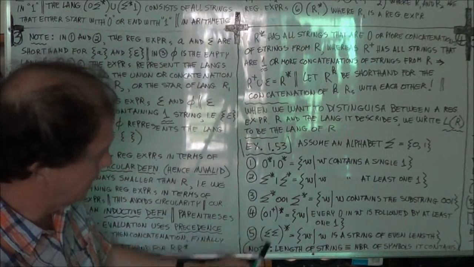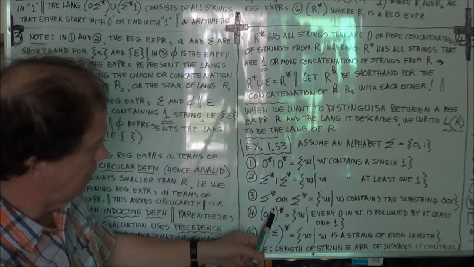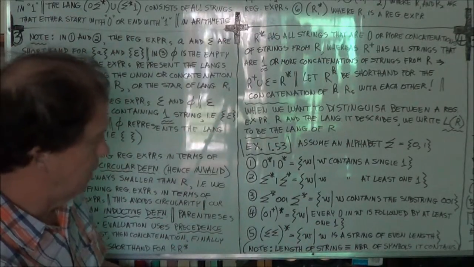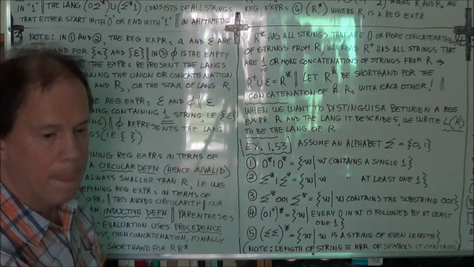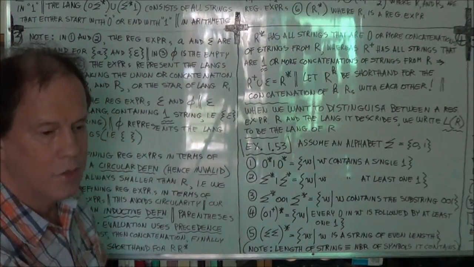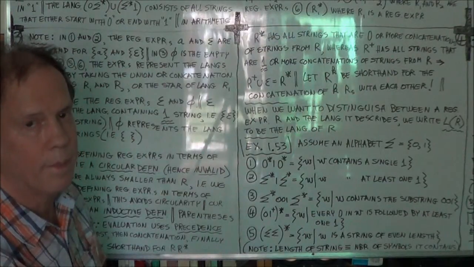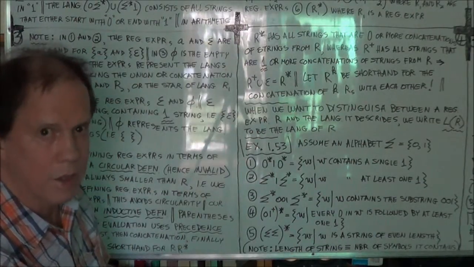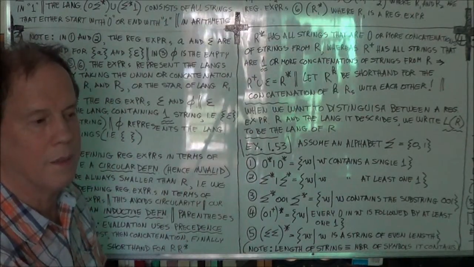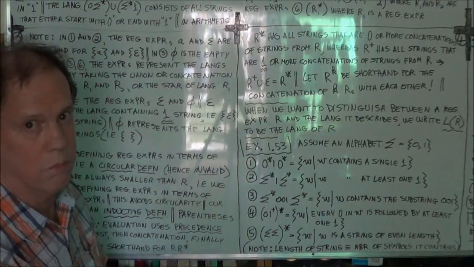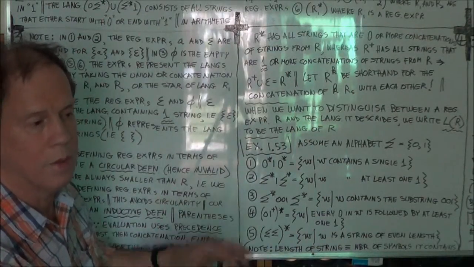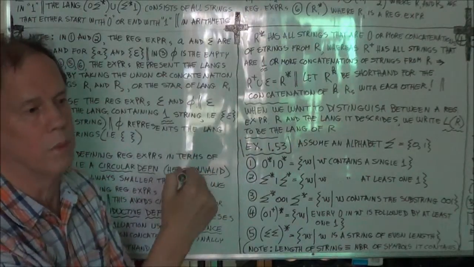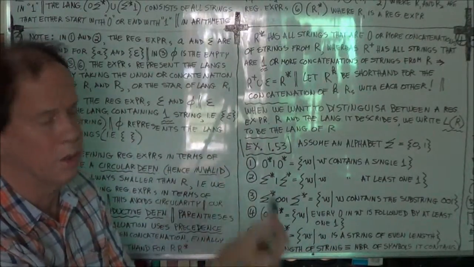Well, because 1 plus is all concatenated strings of 1s, but the length of the smallest string in that 1 plus is 1. So your strings would be 1, 1, 1, 1, and so on.